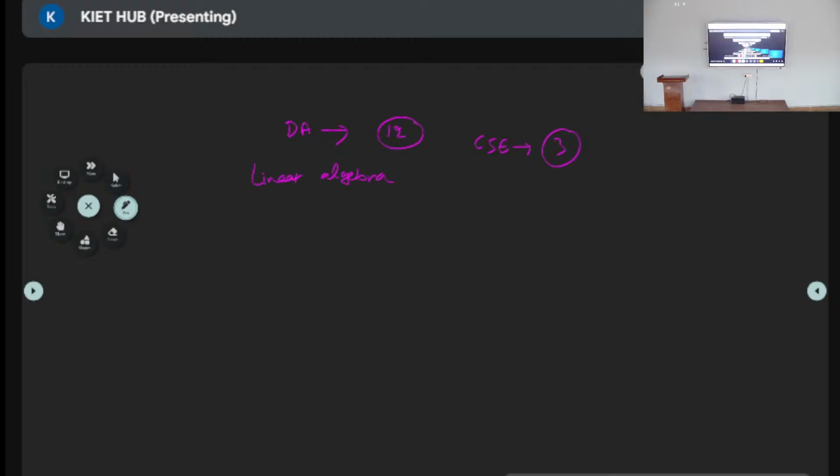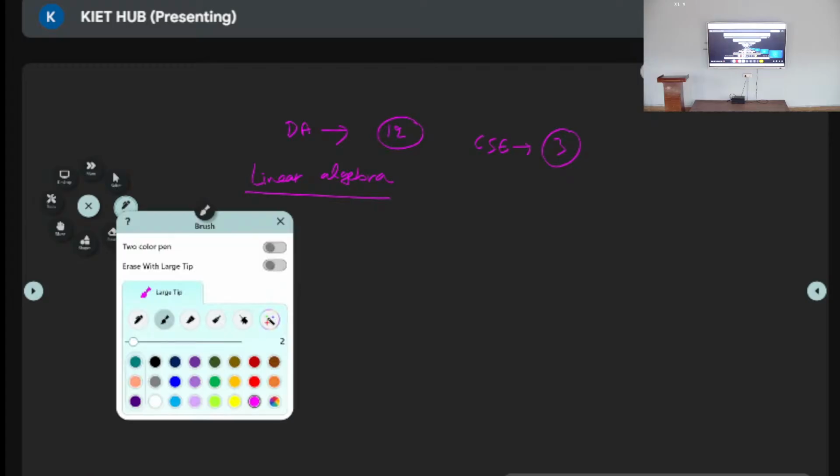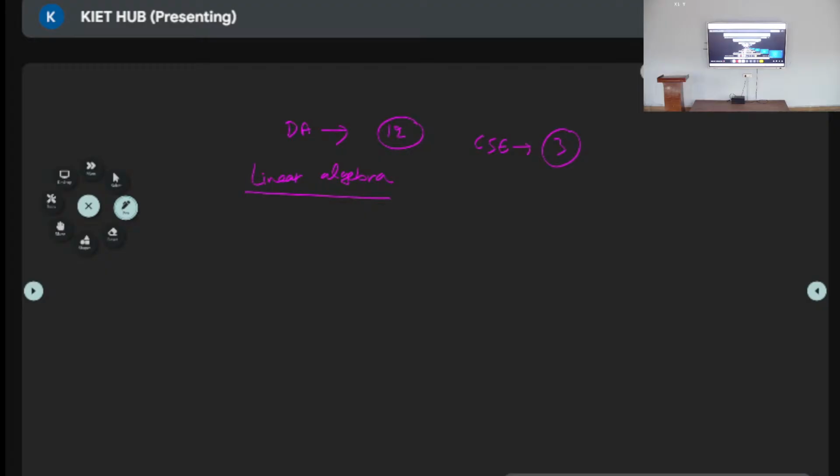Linear algebra. What are the subtopics? See, totally three topics are there. What are the subtopics in linear algebra?